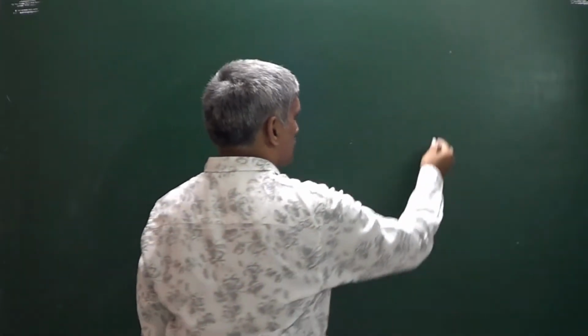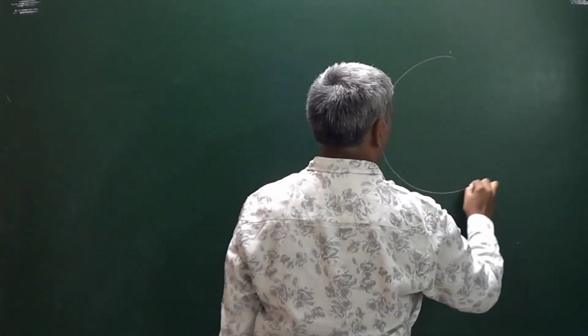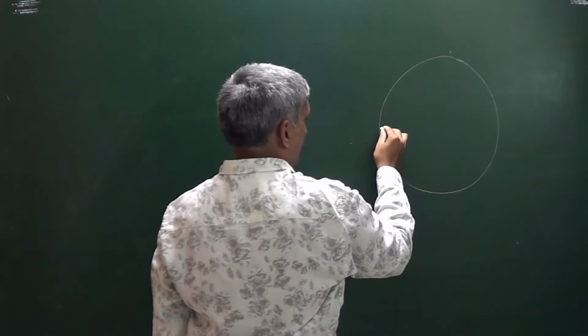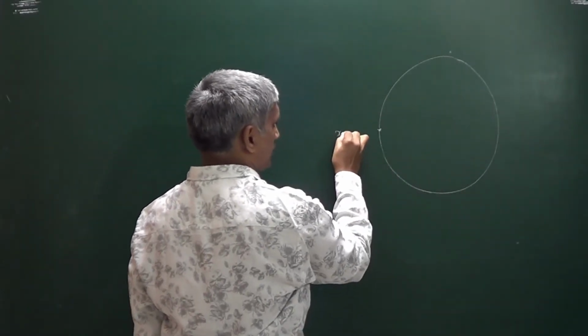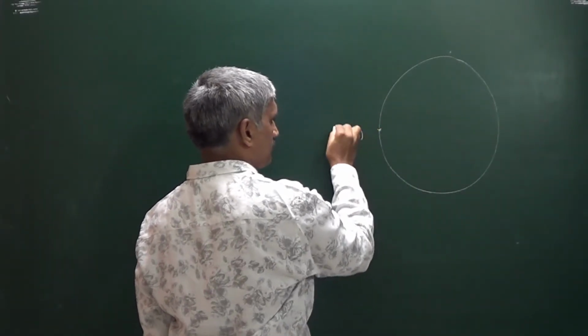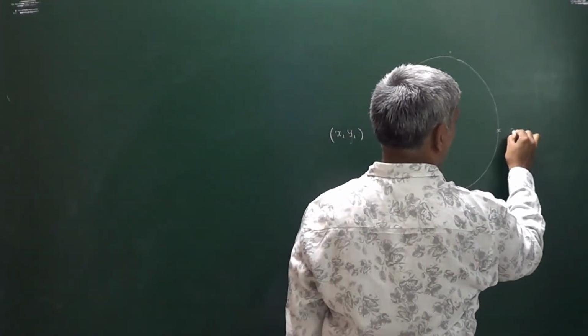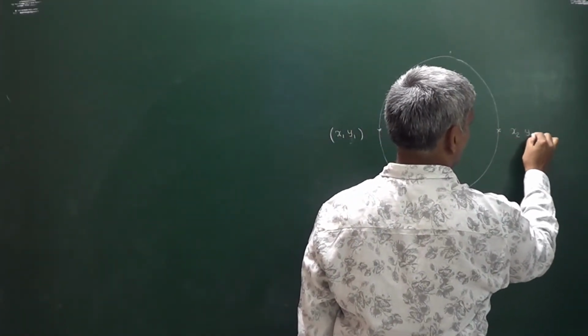Next you can see, what is the diameter form of the equation of a circle? So this is the circle. One end of the diameter is given as x1 y1. The other end of the diameter is given as x2 y2.